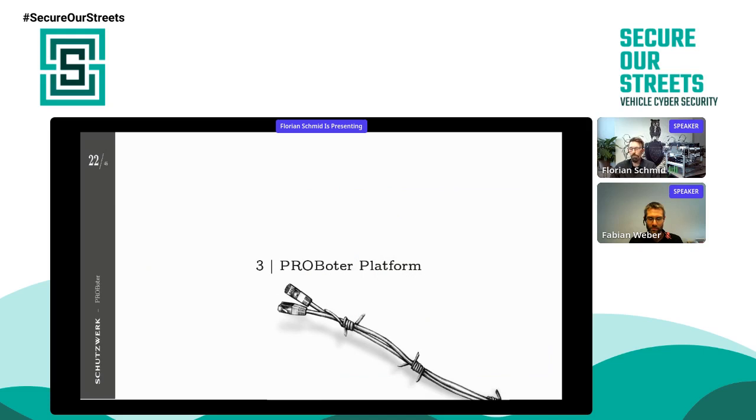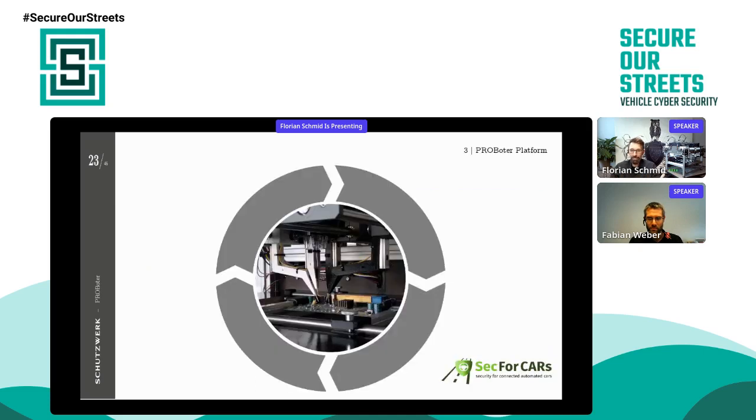decided to develop an additional tool which we want to help us. This tool has been developed as part of the SecForCARs project, and we defined 4 targets for that tool. First of all, we want this tool to be able to perform a component and pin detection.